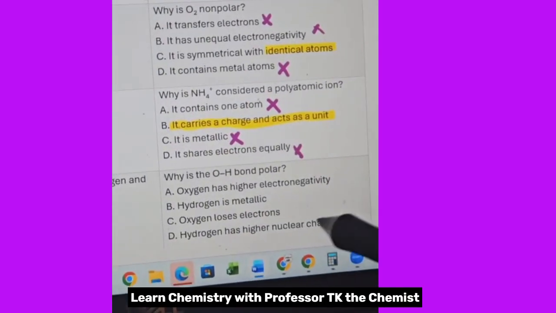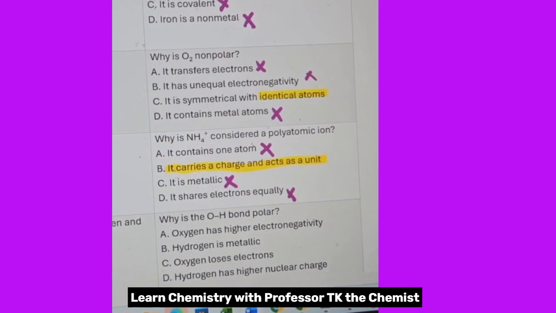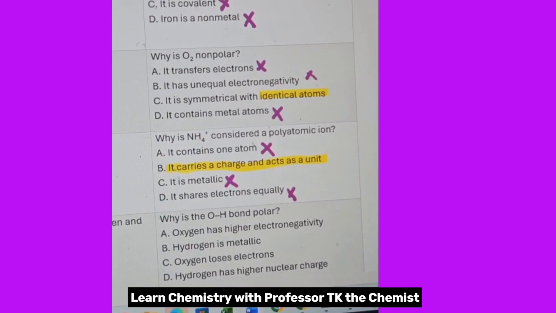The last question right here. Why is the OH bond polar? Why is it a polar bond? You know hydrogen is not a metal. You know oxygen does not lose electrons because they're actually receiving electrons.